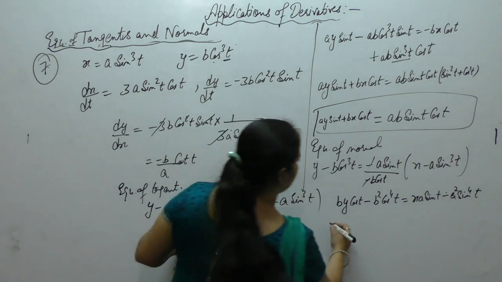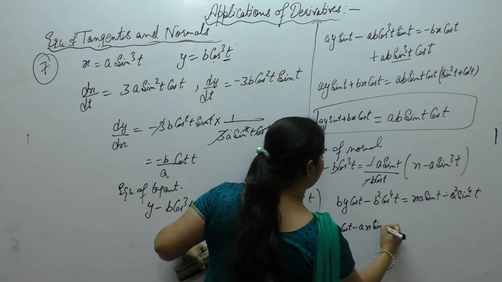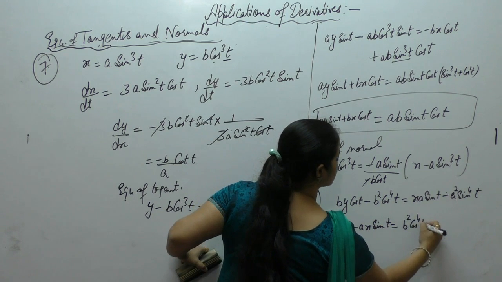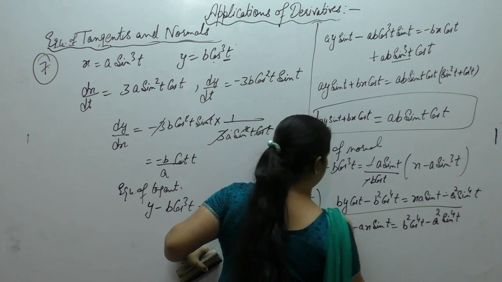So we get by cos T minus ax sin T is equal to b square cos 4t minus a square sin 4t.